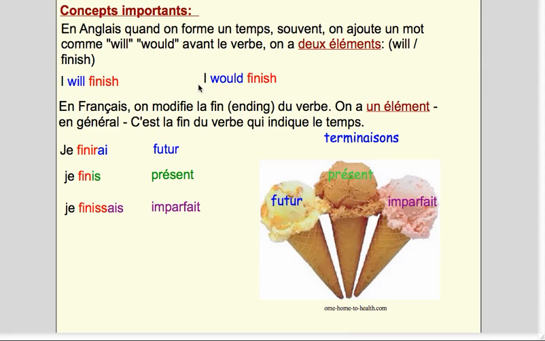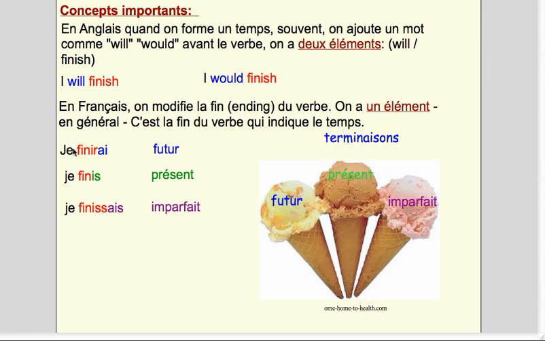For the conditional, you say, I would finish. So very often you have two components, deux éléments, to conjugate a verb. In French, you have just one most of the time. Not always, but most of the time.